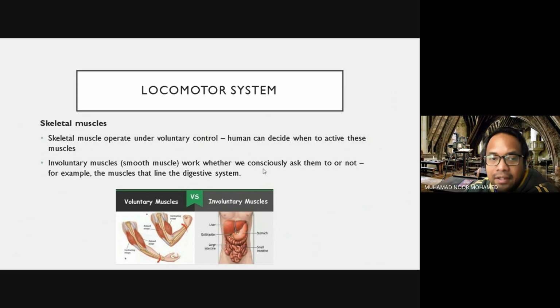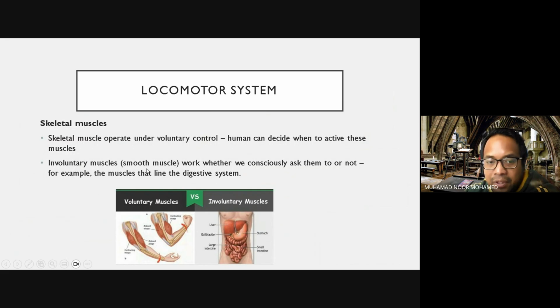Okay, next is skeletal muscles. So we can divide that basically into two, which is our skeletal muscle, which is one type of muscle that is involved in voluntary muscular control, and also another one is smooth muscle.